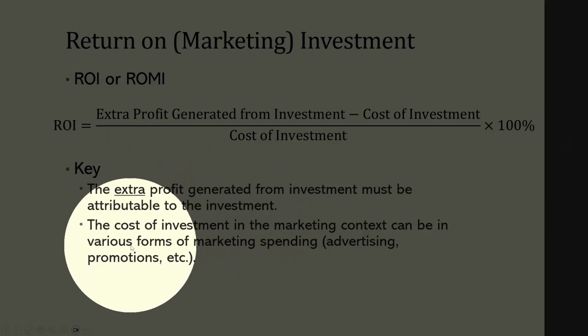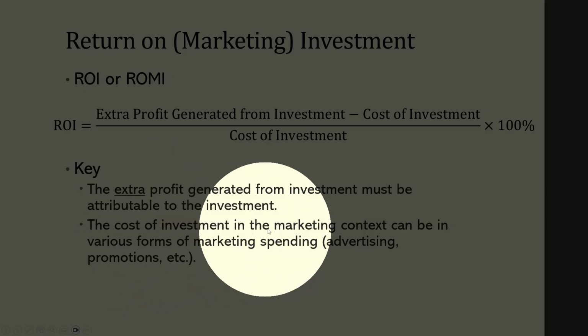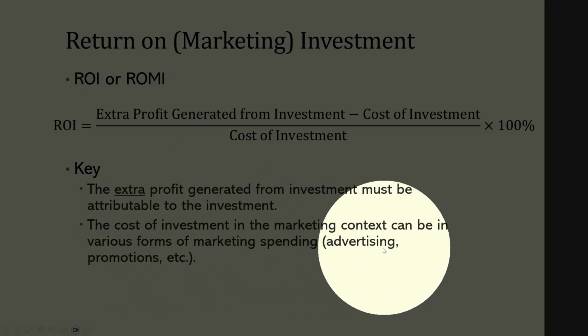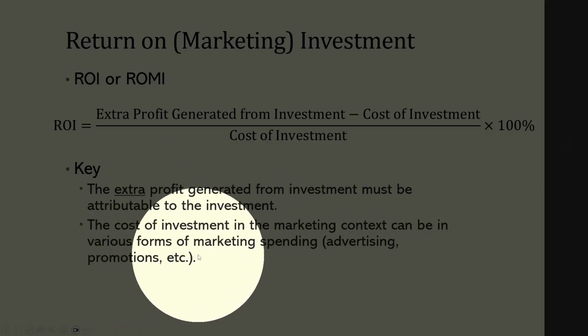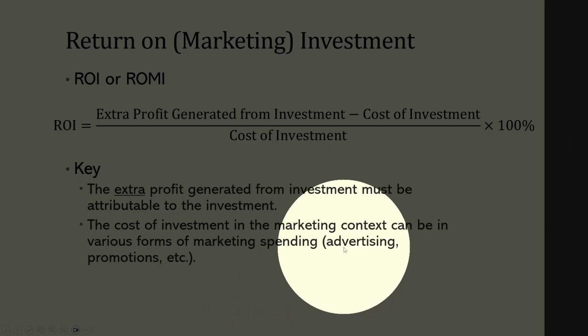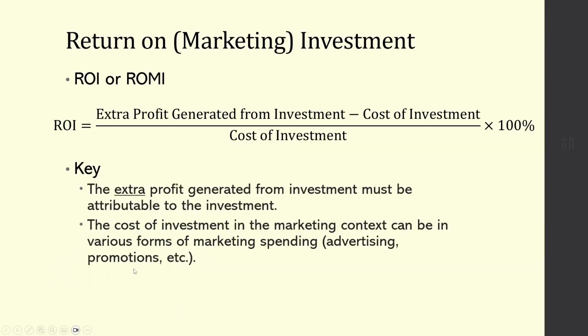And second is that the cost of investment in the marketing context can be in different forms. So it can be advertising, it can be promotions, it can be many other forms of marketing spending. Whatever the spending that we focus on, it will yield the return on that specific form of investment.